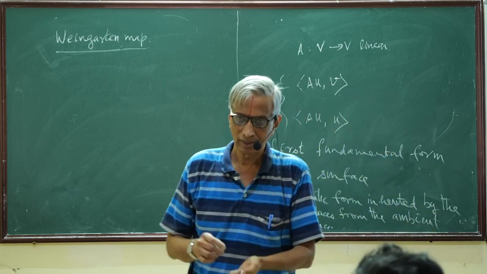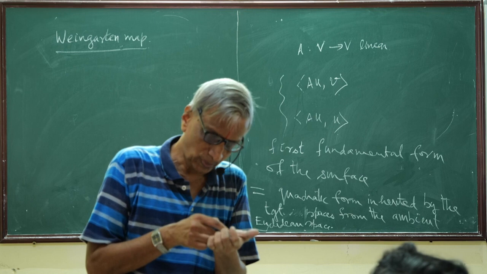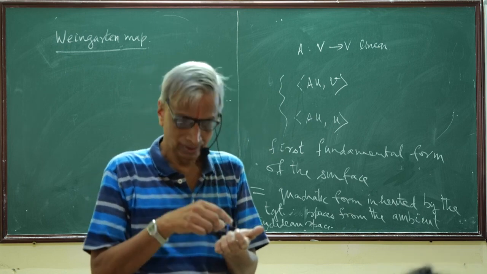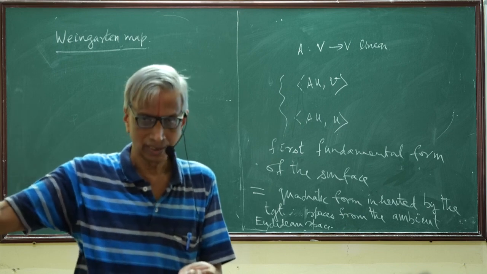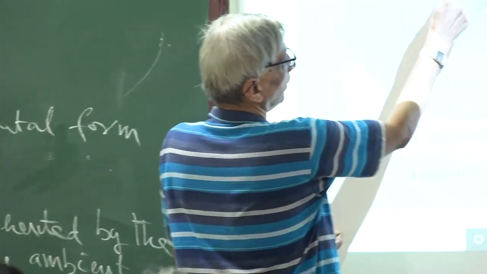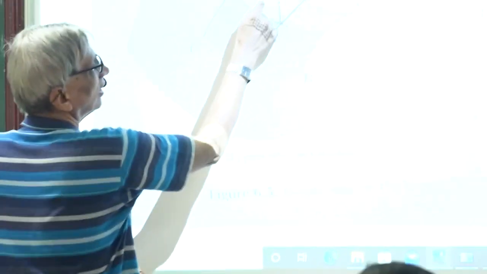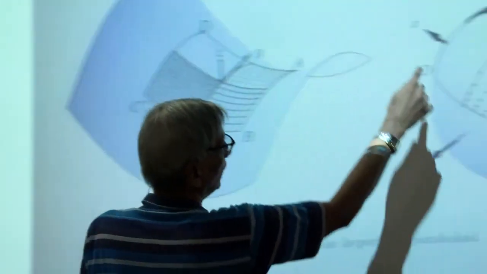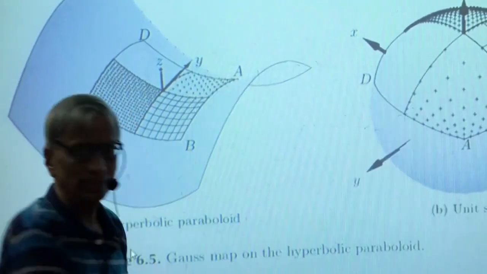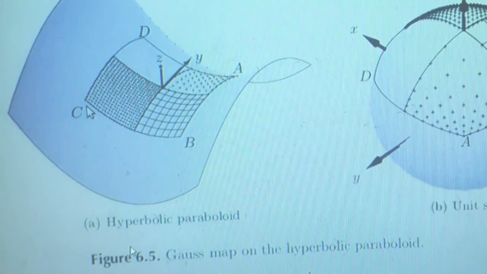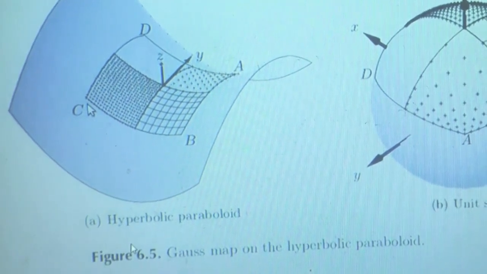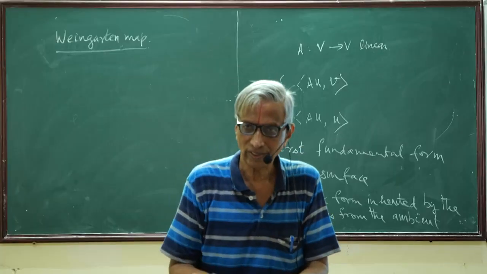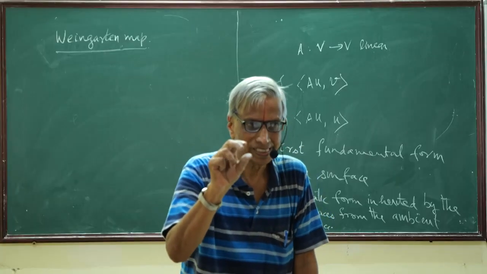So you look at the Gauss map, take a point, take a small neighborhood of the point, look at its image on the sphere. Okay? So take a point here, take a small neighborhood there, take a corresponding image there, look at the area of this and the area of that, look at the ratio of the areas, and see what happens as your neighborhoods shrink.